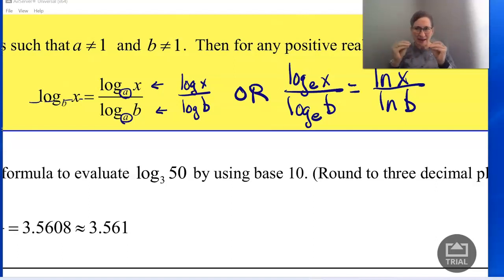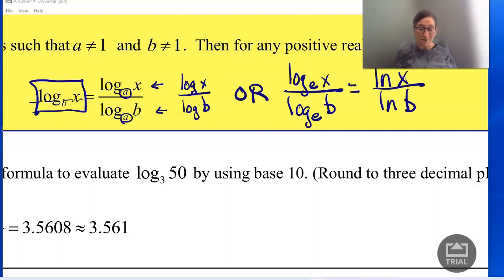I'm trying to say that when you're using the change of base formula, all you're doing is setting up a ratio of logs. And so it doesn't matter if you use a common log or a natural log. Those are the two you'd want to use because that's what's on your calculator. And you can use either one and you get exactly the same answer.